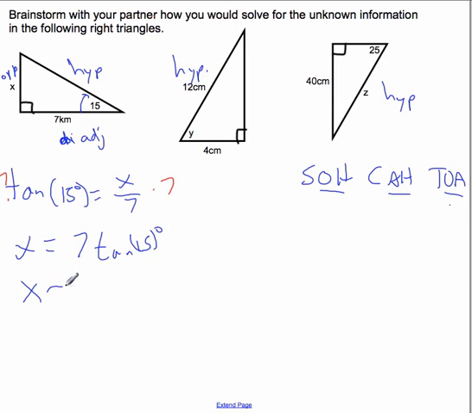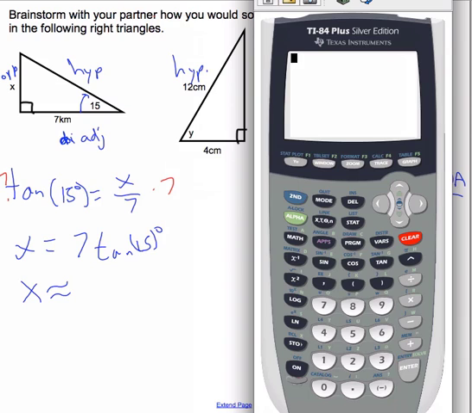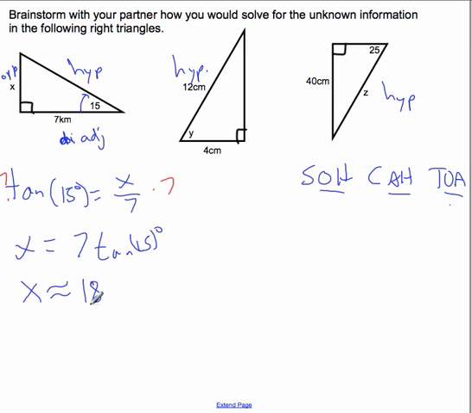Okay, so we're going to use approximately equal to sign, because I'm going to use my calculator now, and then round the answer to 3 significant figures. So we have 7 tan 15, which equals 1.88. So it's approximately 1.88 kilometers.